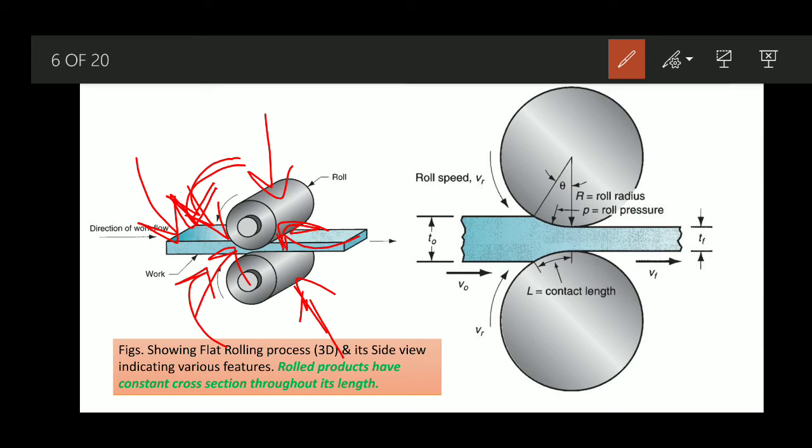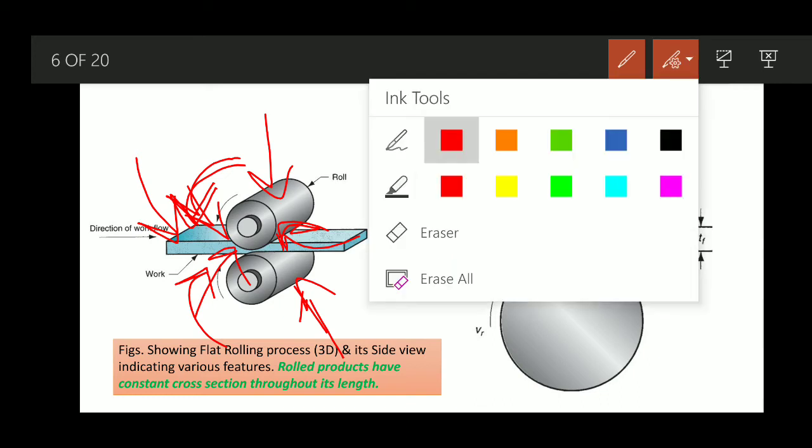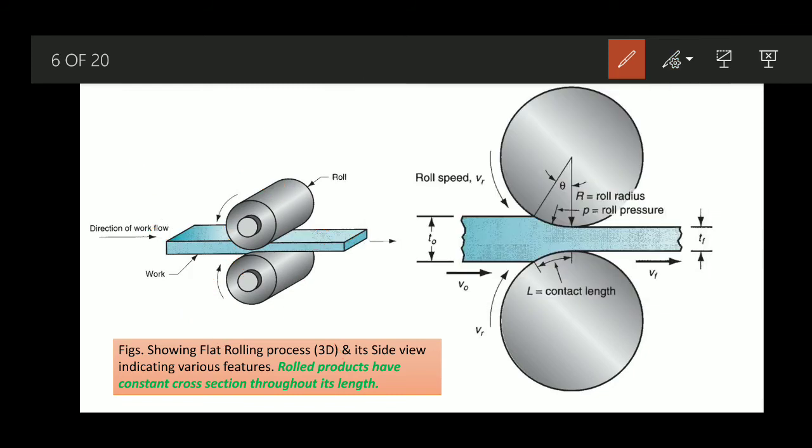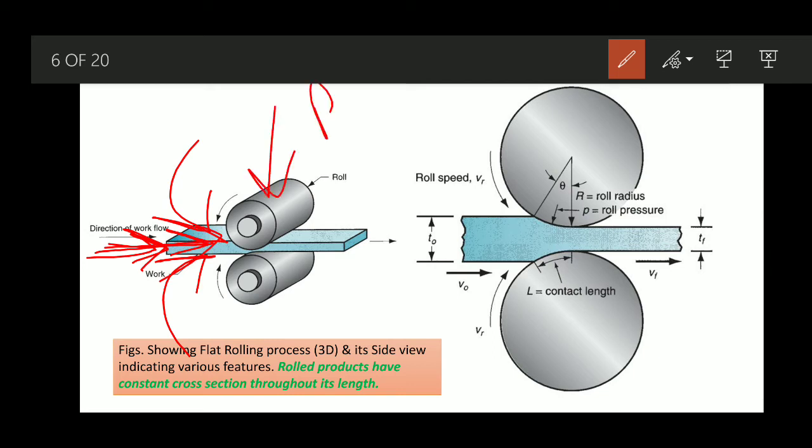During that movement, I believe all of you can visualize what will happen. We already have roughness in between. The surfaces are not 100% perfectly smooth, there will be some roughness involved. Because of that, the work material will be pulled in this particular direction, while some pressure is also being applied here.